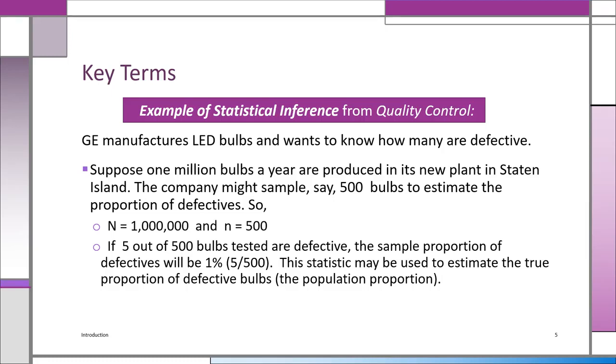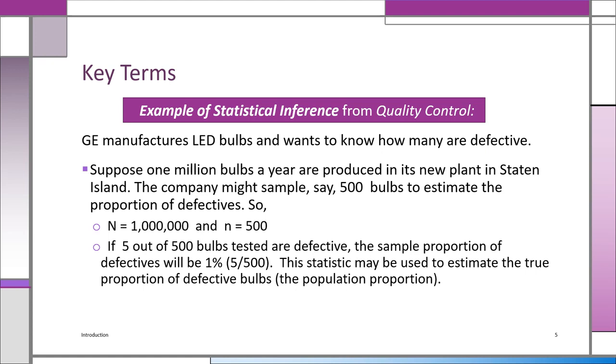Okay, and out of the 500, suppose you test them in a machine. You find 5 out of 500 are defective. So we call that the sample proportion. Your sample proportion is 1%. So 1% are defective, 5 out of 500. That's called your sample proportion, and that's a statistic.